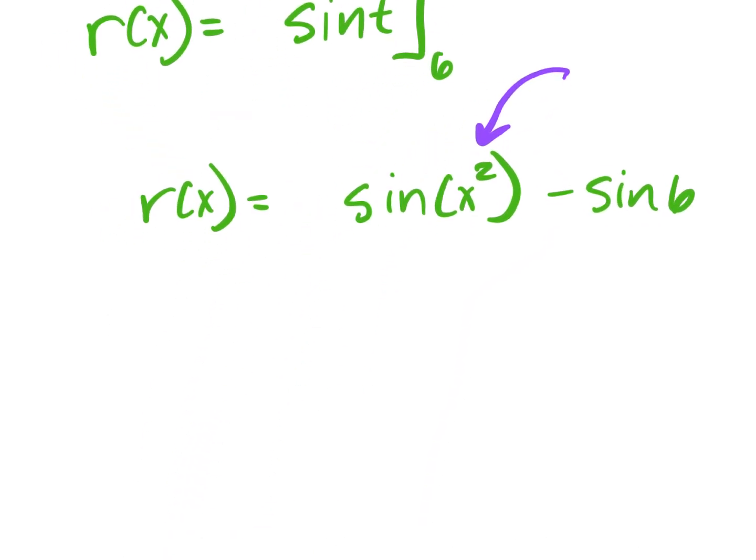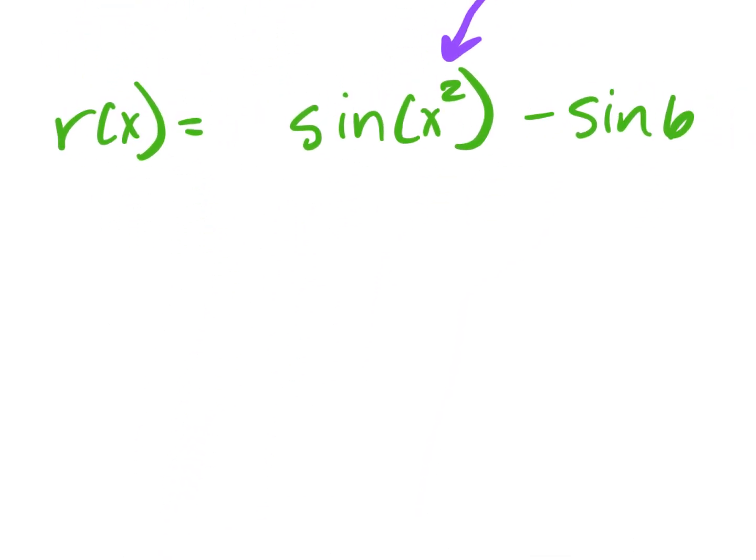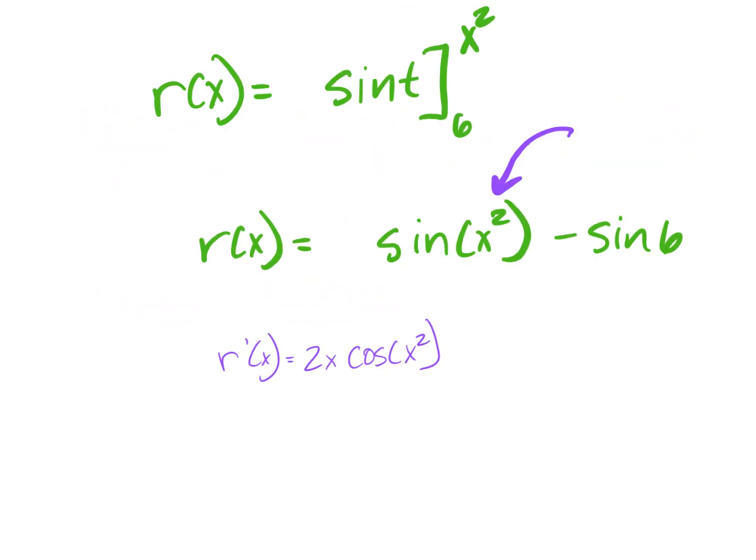And if I asked you to take the derivative of this expression, what's the derivative of sine of x squared? It's the cosine of x squared times 2x, because you would have to chain rule it. Does this make sense? Okay. What about the sine 6? What's that derivative? 0. Okay.